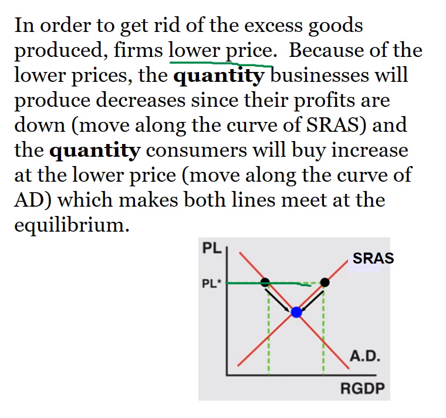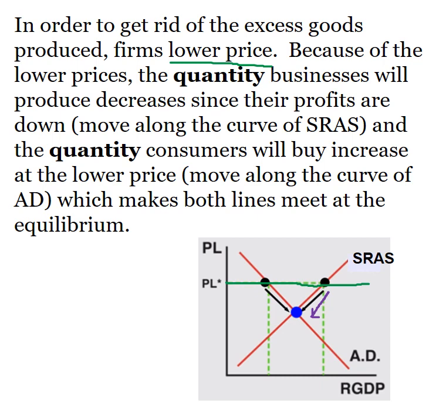This is showing us the price level in the surplus, but we know that when there is a surplus, the prices are going to fall. So the quantity businesses will produce will decrease since their profits are down. So when they have to lower prices, that's going to affect SRAS. We're talking about what businesses are doing. And so SRAS is moving along the curve towards prices falling.